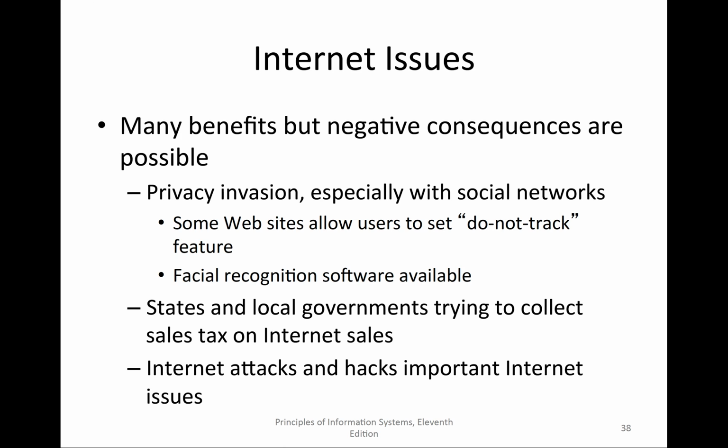States and local governments are trying to collect sales tax on internet sales. Internet attacks and hacks are another important concern. So data privacy and security are concerns that you should be careful about.